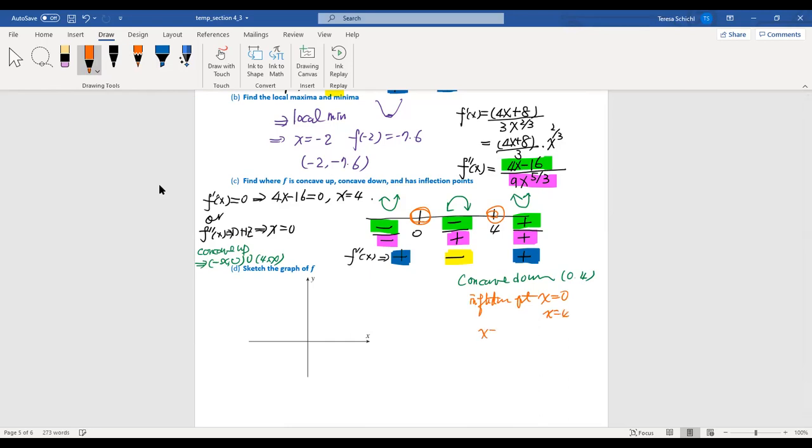When x equals 0, f of x equals 0. When x equals 4, you plug 4 into your original function and f of 4 is 19. So I have (0, 0) and (4, 19) here.